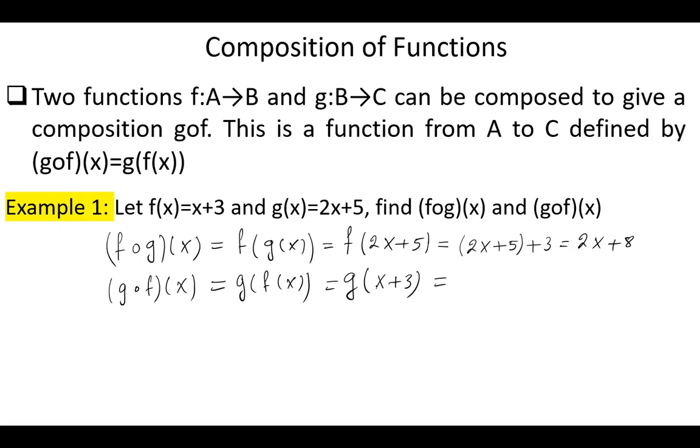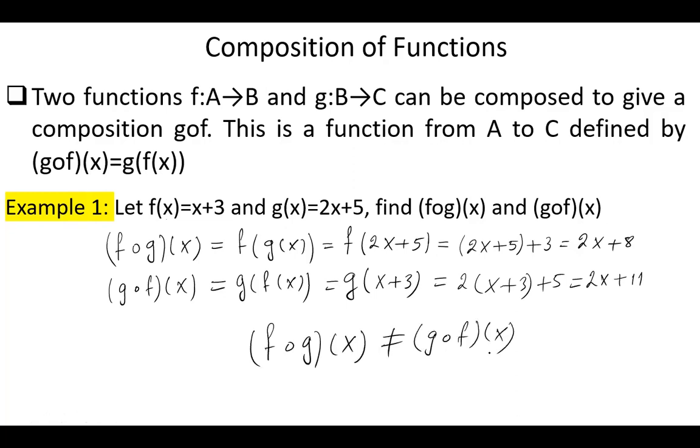Now in the function g, we replace x by x plus 3. So we'll have 2 times (x plus 3) plus 5, which is 2x plus 11. From this example, it's obvious that f compose g is not equal to g compose f, although in some cases they are equal.